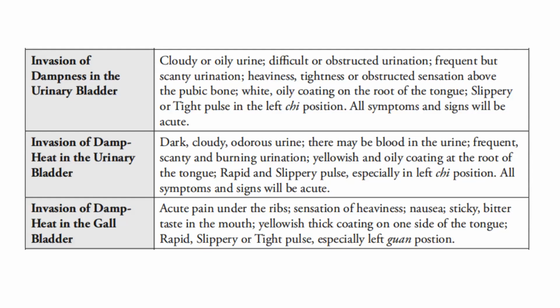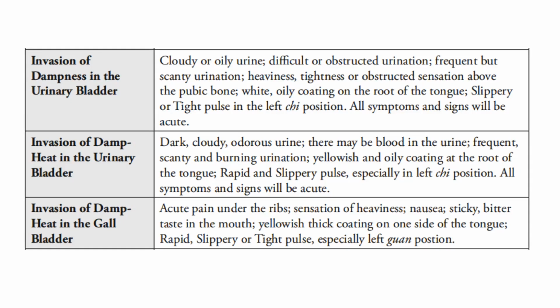All symptoms and signs will be acute. For invasion of damp heat in the urinary bladder, urine will be dark, cloudy, and odorous. There may be blood in the urine. Frequent, scanty, and burning urination, yellowish and oily coating at the root of the tongue, rapid and slippery pulse, especially in the left chi position. All symptoms and signs will be acute.